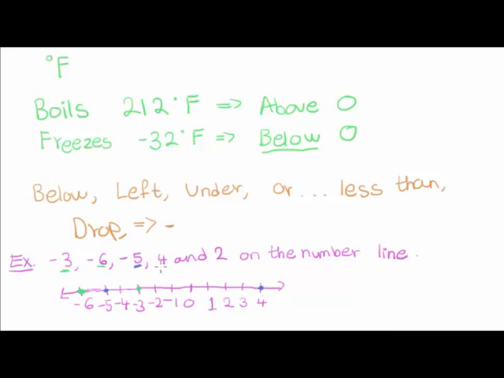We have a positive number, and the last number is 2. So we move 2 units to the right of 0, and we get 1 and 2. So this really didn't take us a long time. Also, it didn't really challenge us, but it's good practice.